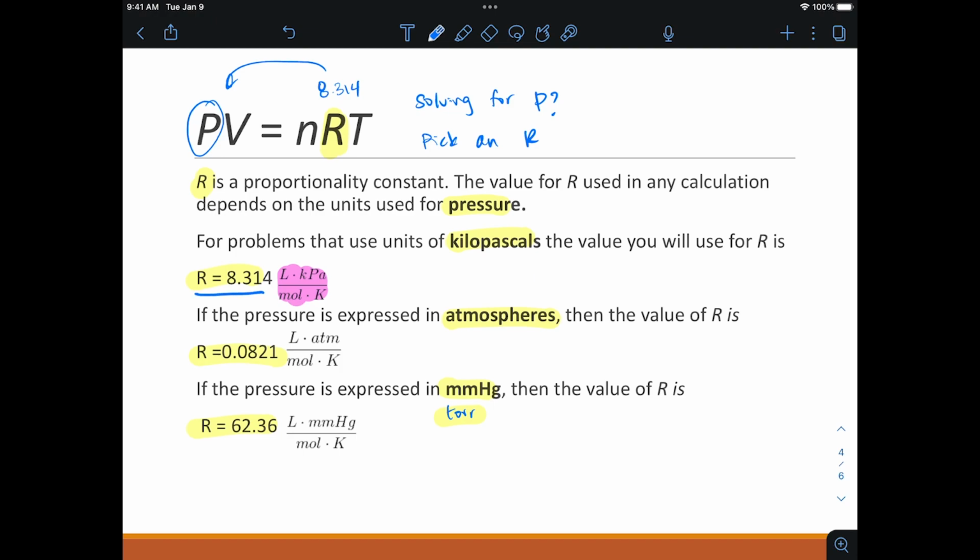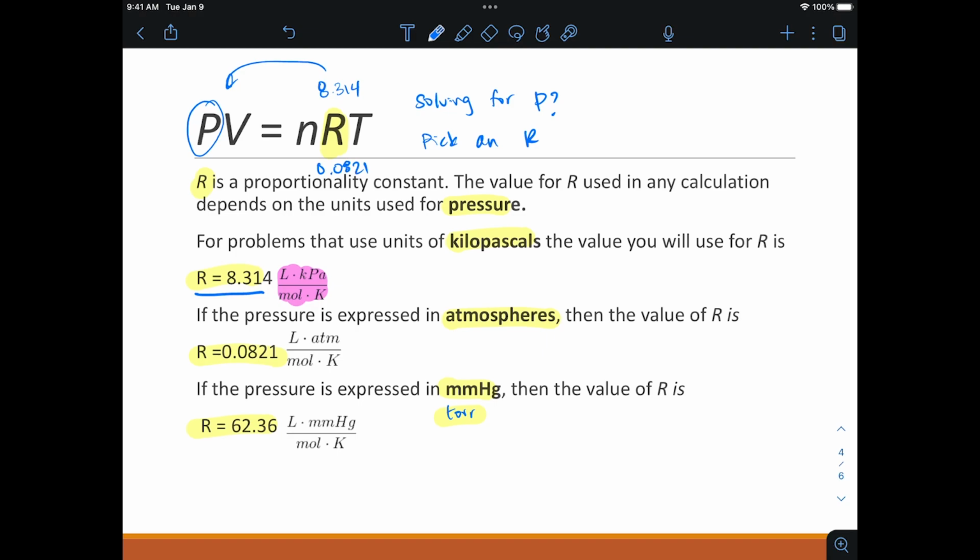Because that's the R for kilopascals. Same way, if I choose my R to be atmospheres, so I put 0.0821, then my pressure answer is going to be in atmospheres. Either one of those is fine. It works the same. They're equivalent. They just have different labels on them.